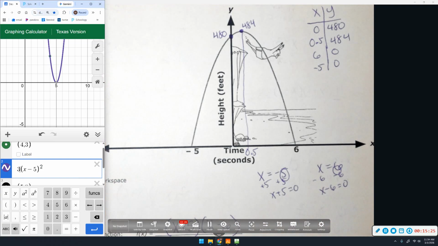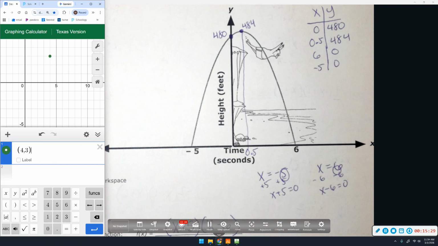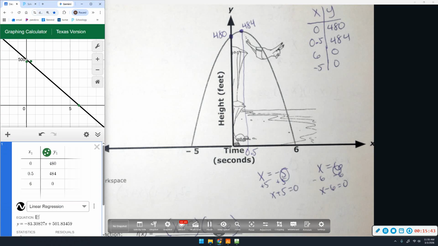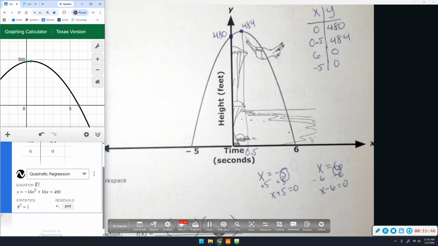But we still have to find our a. So we're going to type in, do I have enough points to do a table? Yes, so plus sign table, 0, 480, 0.5, 484, right? Yeah. And then 6, 0. So what's my A?